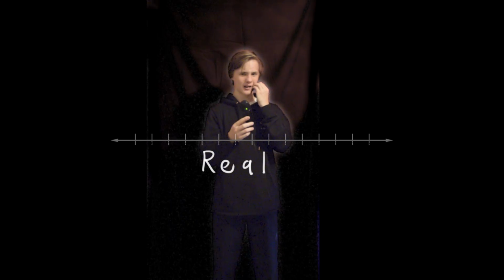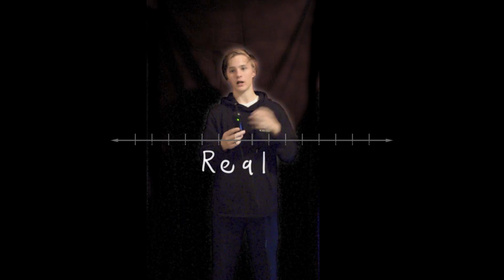But we're going to rename these axes. So on the x-axis, which is our horizontal value, we're going to call that the real axis. Now the real axis is, as you would think, it's got all the numbers that are real on it. Whereas we call the y-axis, the vertical one, the imaginary axis.